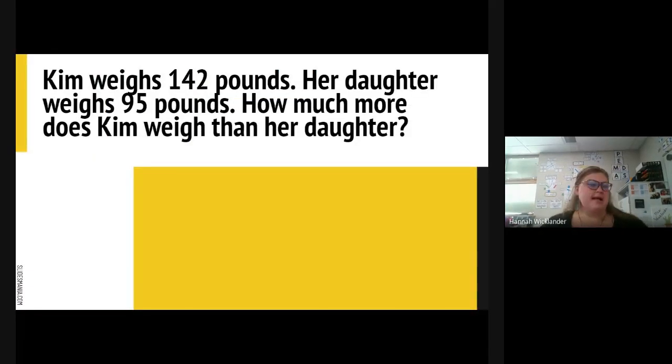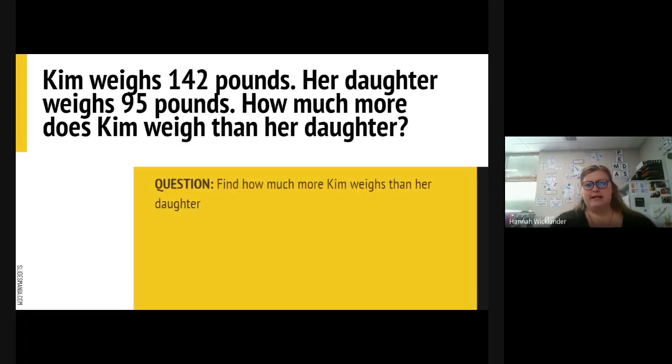So Kim weighs 142 pounds. Her daughter weighs 95 pounds. How much more does Kim weigh than her daughter? So first we identify the question: to find how much more Kim weighs than her daughter. Needed information, the 2 weights. And then what operation are we going to use?